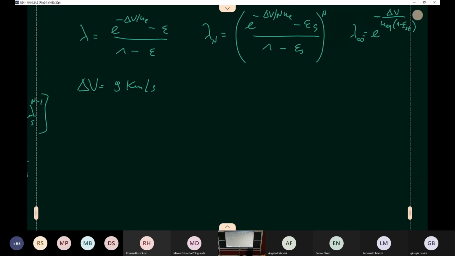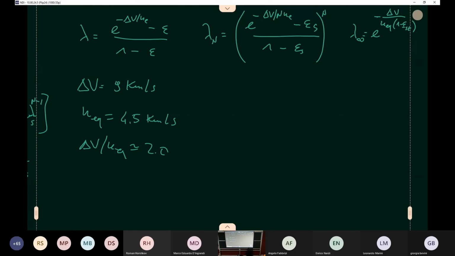So let's consider this optimistic case. So we see that this ratio is 2, more or less, 2.0.